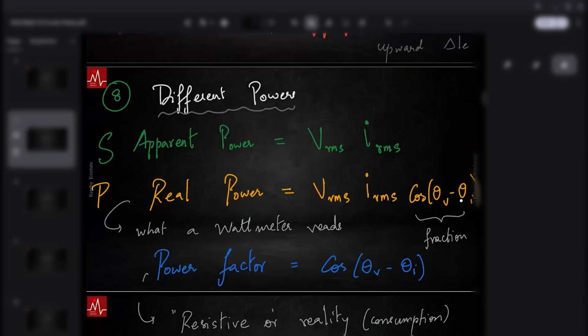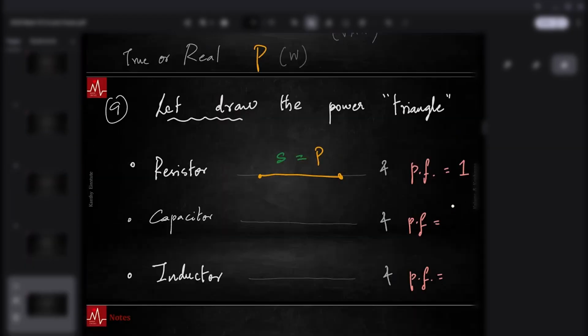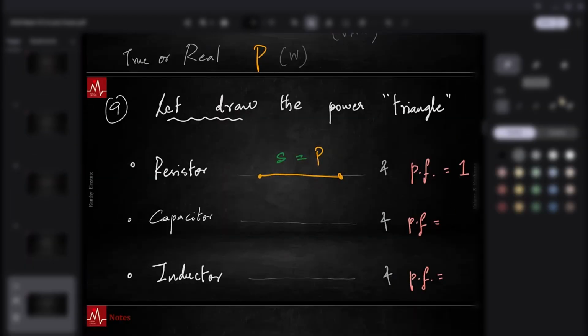So cos of theta V minus theta I, that is cos of minus 90, that is 0. Real part is 0. Reactive part is non-zero. That is, there is no base, there is only a height, and this is downwards. There is no base. Only Q.